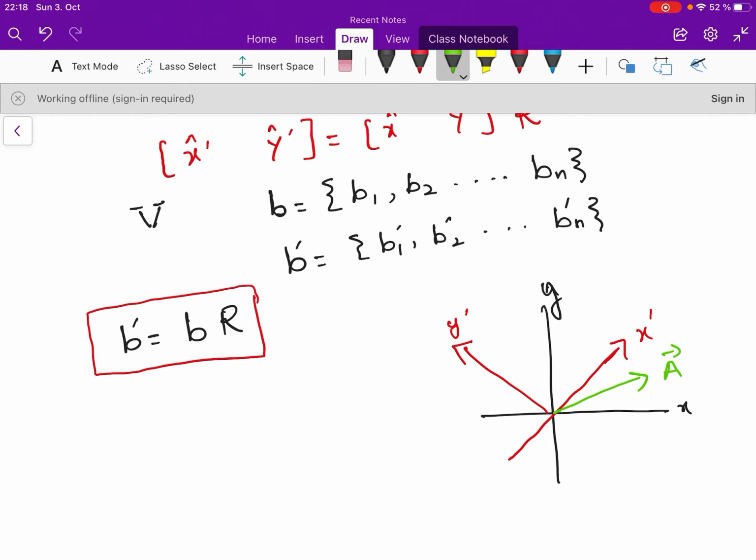Now this vector will have one representation in terms of the xy coordinate system, which will be in this manner, and in terms of the second coordinate system it will have components which will be different.